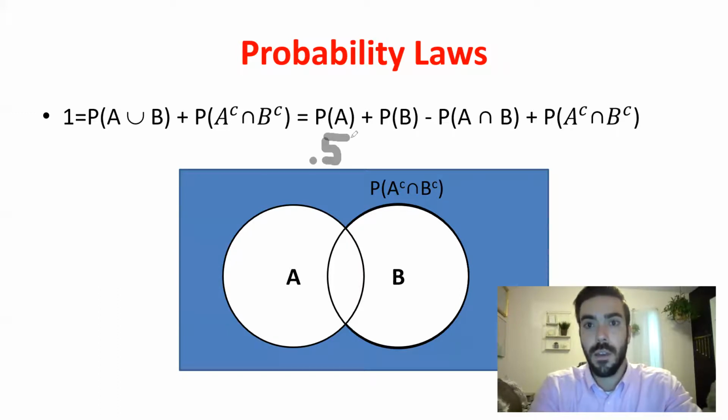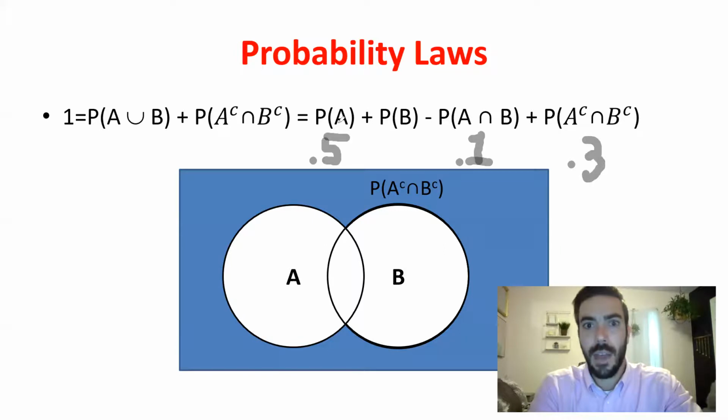It was 0.5. I didn't know what the probability of B was. If I go back to that slide, it told me the probability of the intersection was, if you're looking at it on your own screen, 0.1. And it told me the intersection of the complements, I believe, is 0.3. If that's wrong, someone correct me.